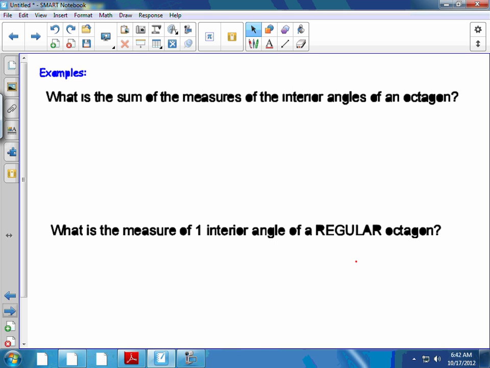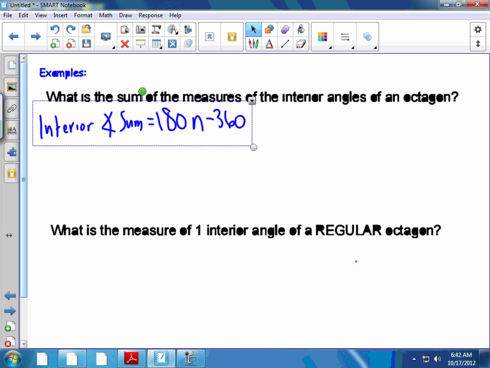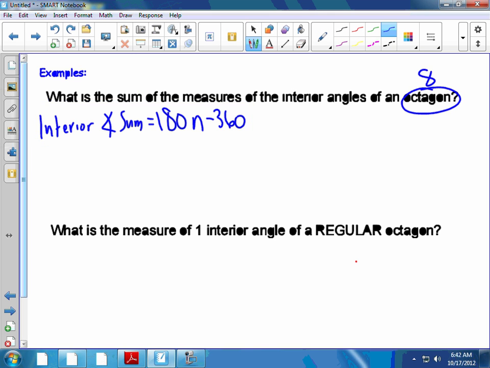Let's go over some examples. All right, so here's our formula. It says, what is the sum of the measure of the interior angles of an octagon? Octagon, if you remember, is 8. And here we're looking for the sum of the interior angles, so we know that we have to use this formula, with 8 as our number of sides, which is n.